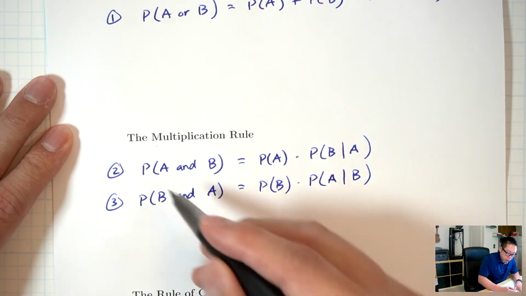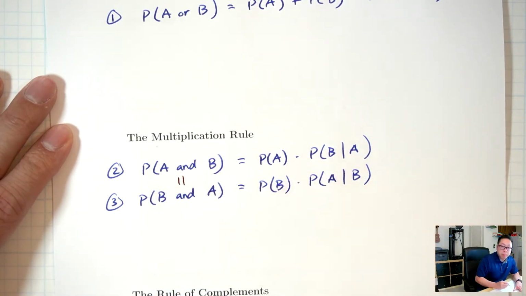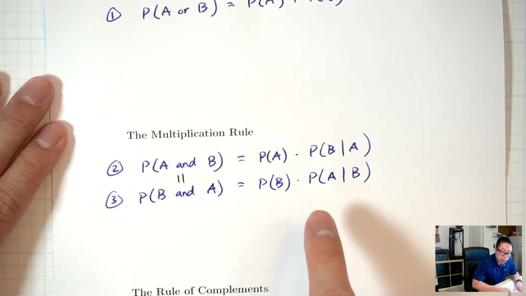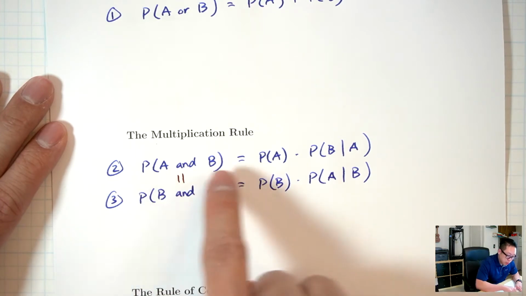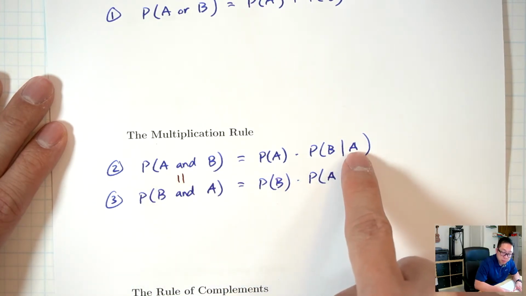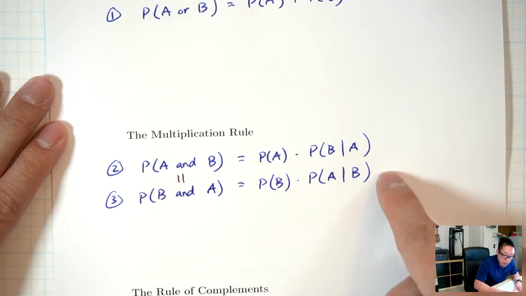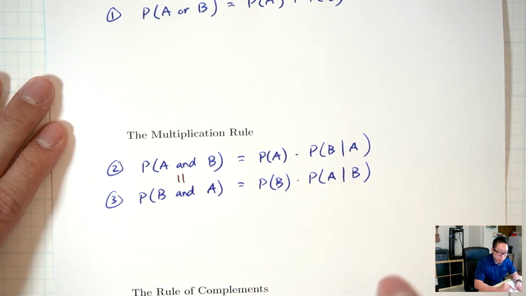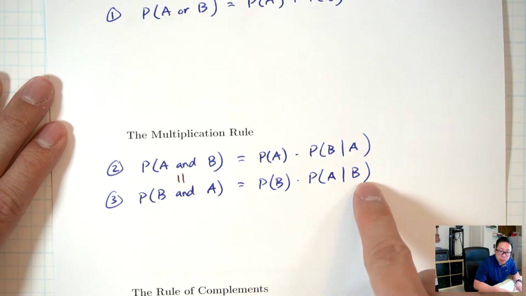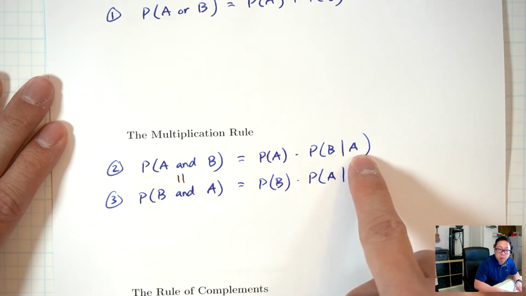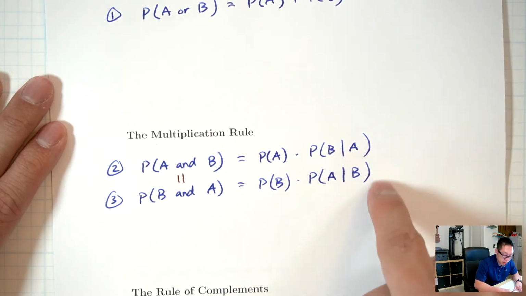So the left side here is the same, okay? The right side is different. The right side of the first one involves a B given A. The right side of the third one involves an A given B, and these are different. It's going to be useful because sometimes you'll have A given B, and sometimes you'll have B given A given in the problem. That's going to determine which of these formulas you use.